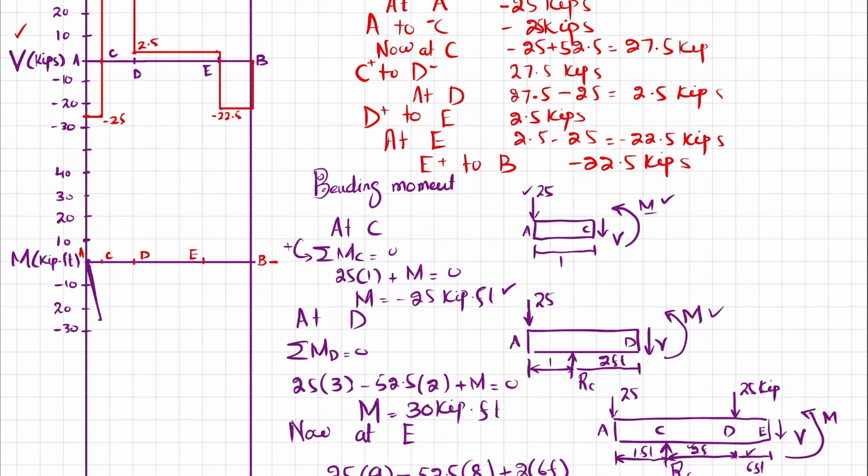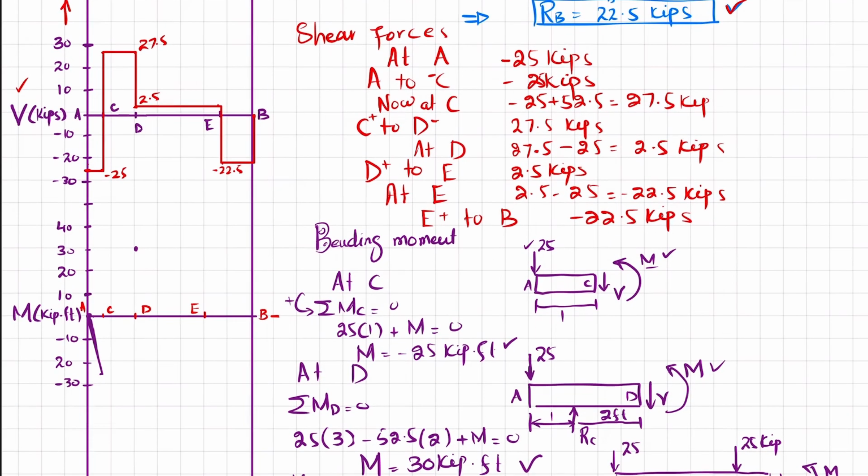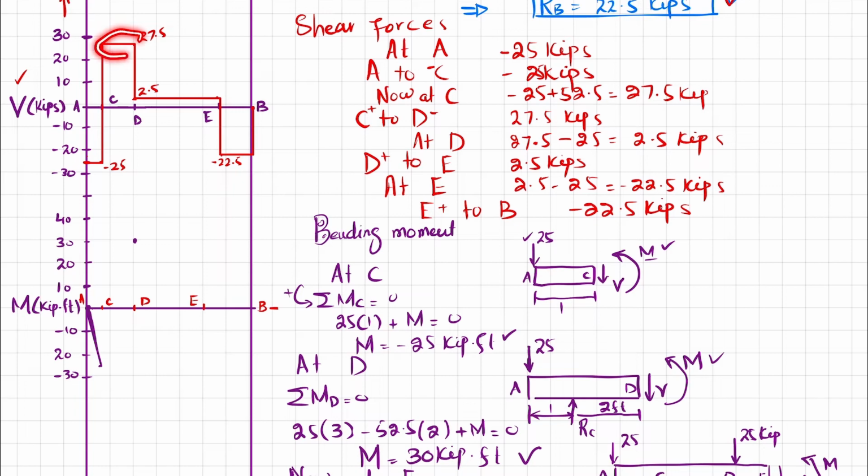Now at point D you can see that we have a moment of 30 kips, so 30 is this point. Again this is a 0 degree line in shear, so the moment equation will be a first degree line, and since it is positive, the slope will be increasing. So we will join this point with this.